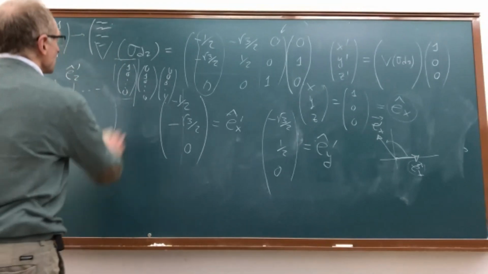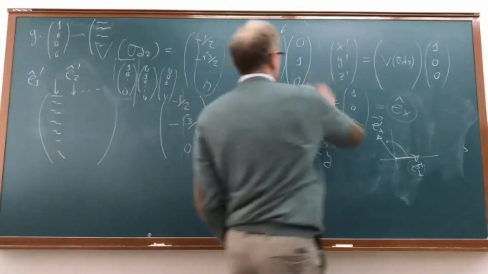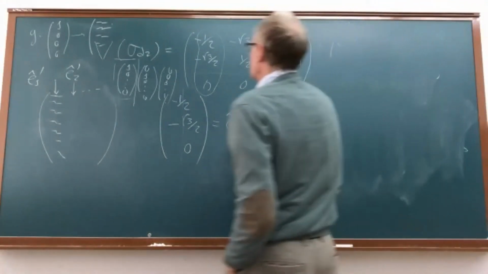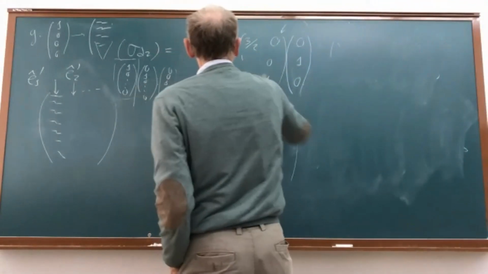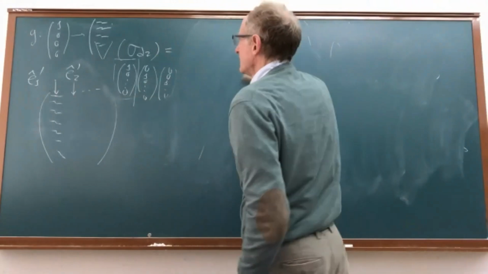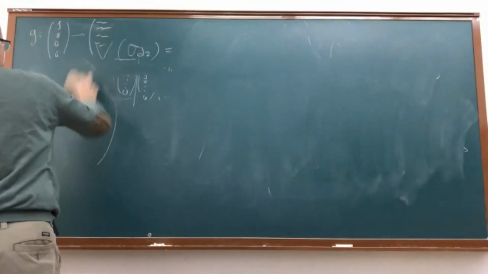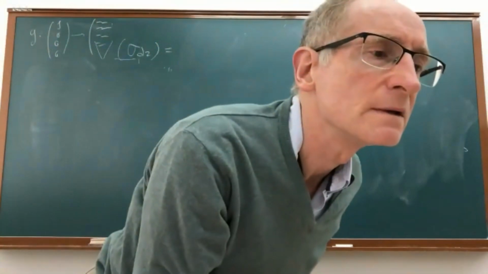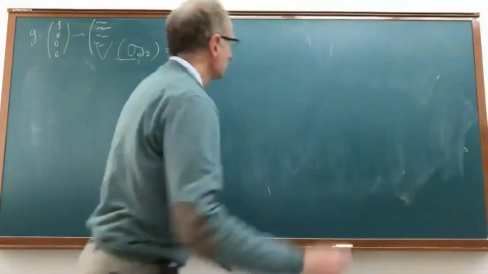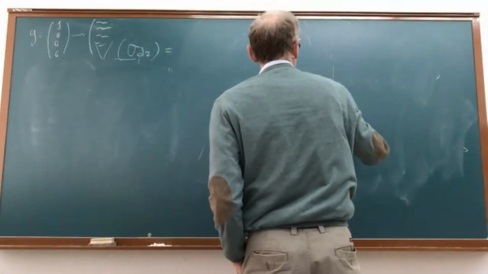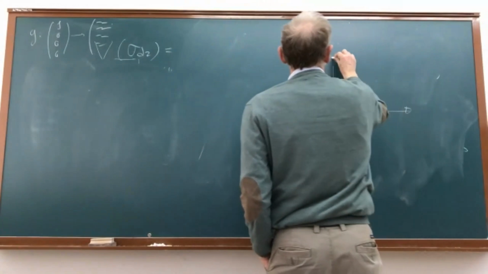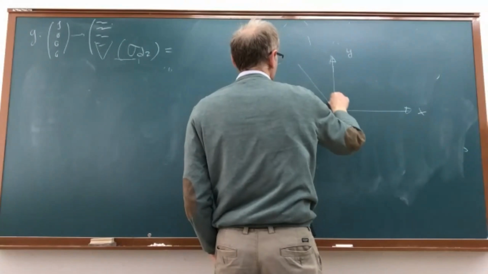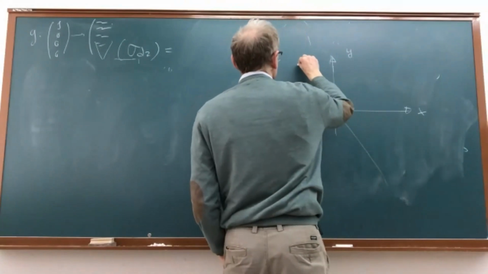So let's apply this to this element, sigma D2, see how this works. Please stop me if anything is not clear. So sigma D2 is the axis, clearly, Y, and sigma D2 is this plane.